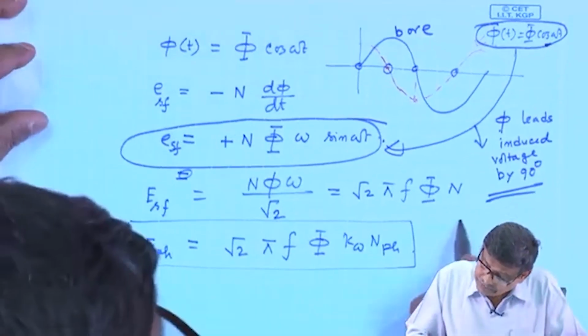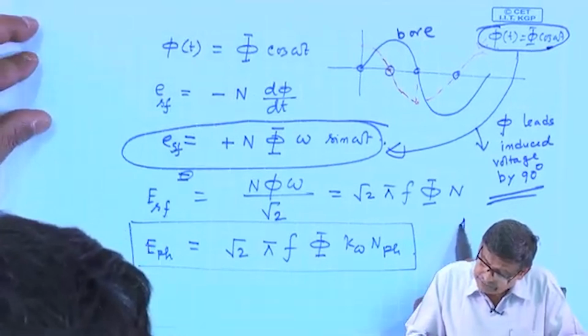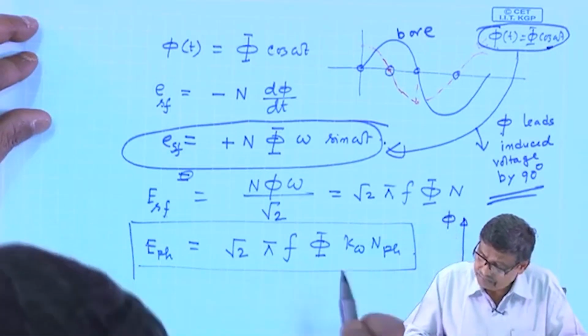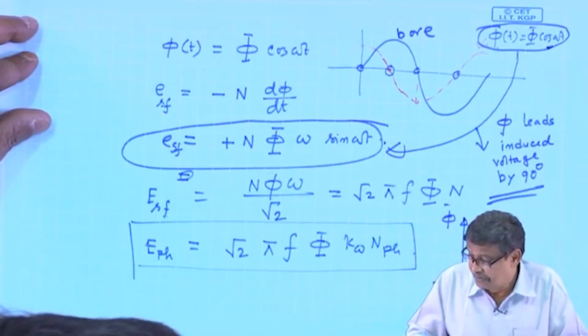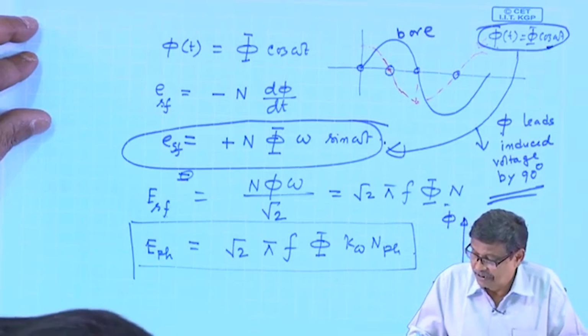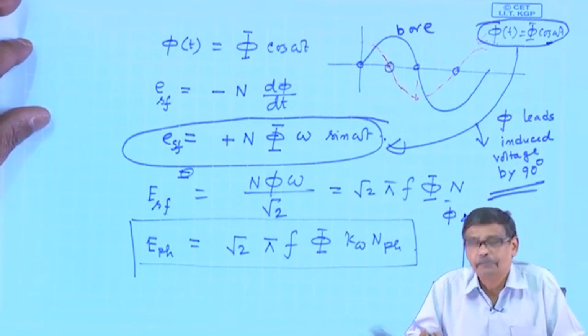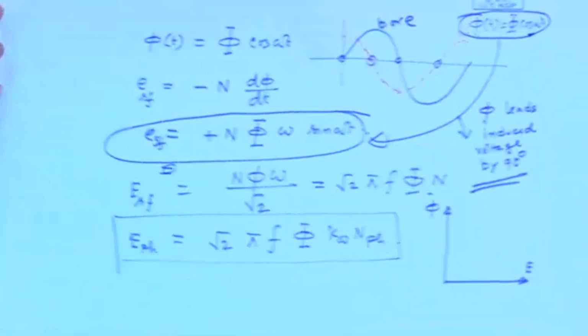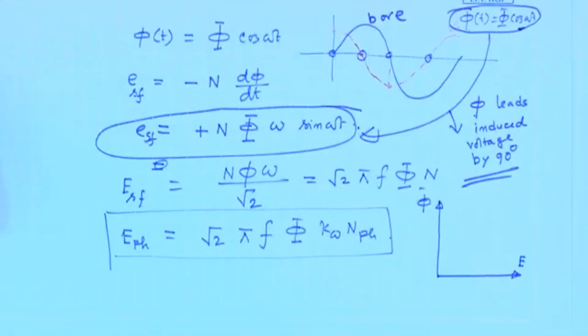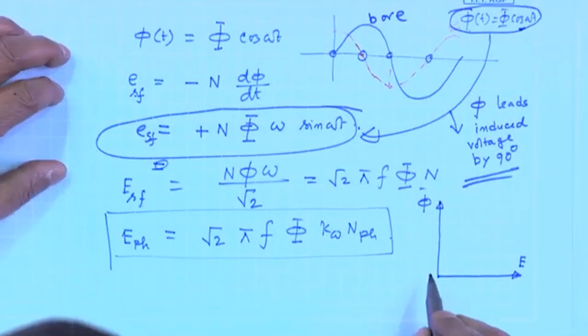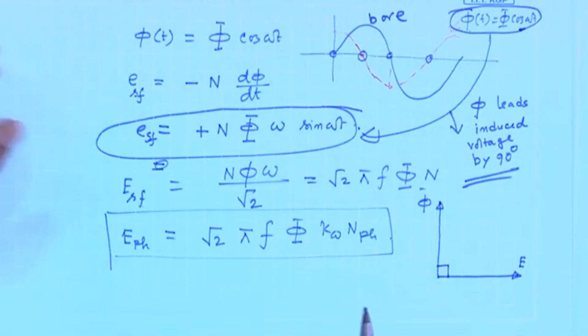That is, if this is phi phasor, your induced voltage must be here. What is B? B will be also here. Getting? And this is 90 degree.